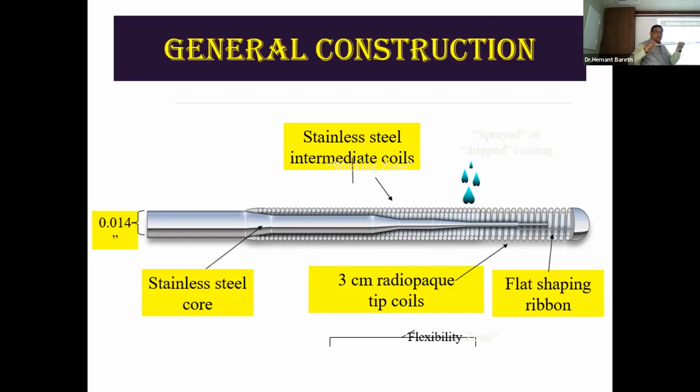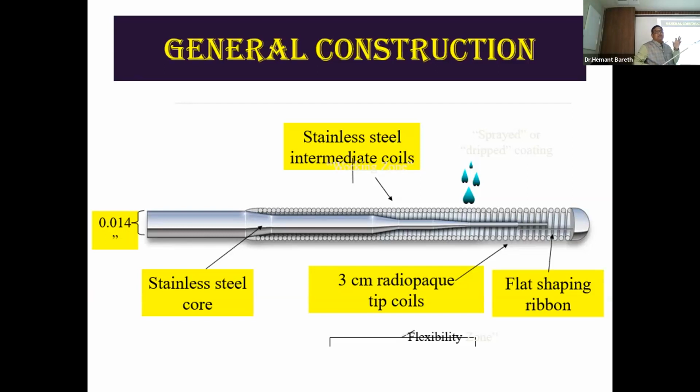So ultimately, you have to transmit the force. You have to also have 1:1 transmission. And you also need the tip to bend. So how do you achieve this? Through this very interesting device called the shaping ribbon. The shaping ribbon is connected to the core and it extends to the tip. It's just a ribbon. So this will allow your transmission to be there to the tip, but at the same time make it a bit flexible.